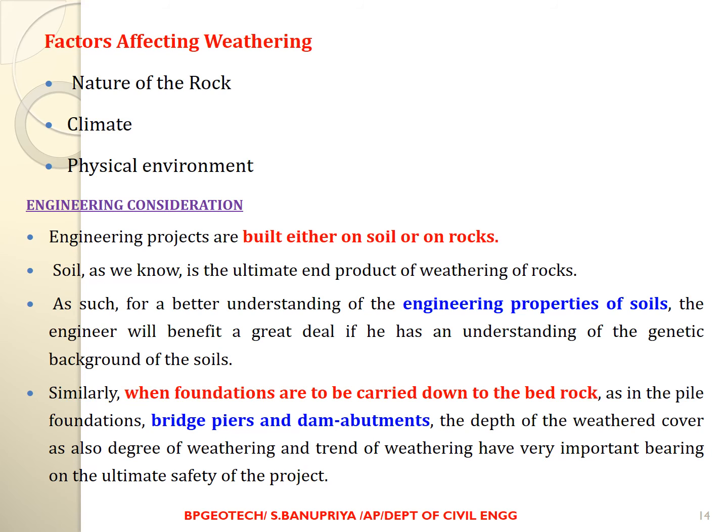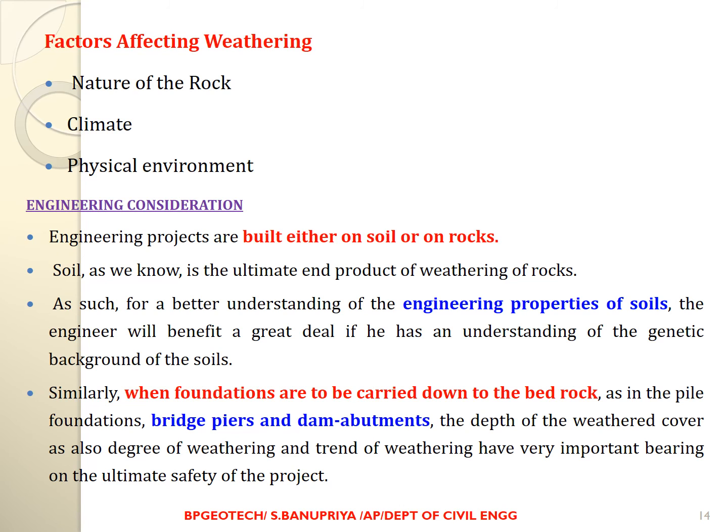As a civil engineer, if you are constructing any structure, it may be a residential building or any massive structure like a dam, bridge, etc., you always have to look at the nature of the rock, that is, whether the rock is intact or weathered. If you construct any structure on weathered rock, it will lead to unstable structures.